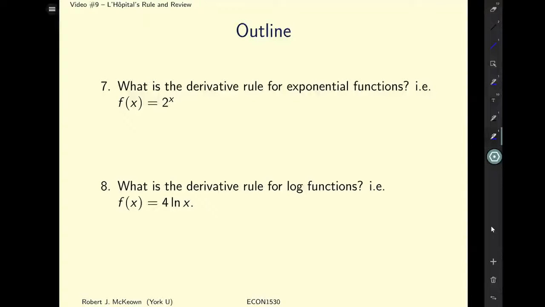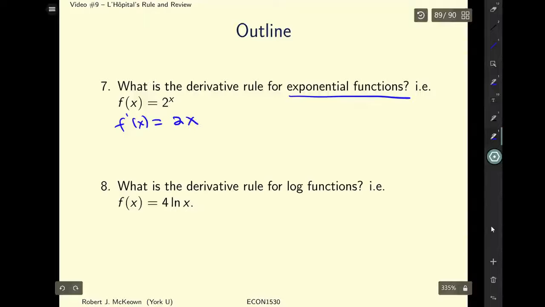What is the derivative rule for exponential functions that are not the natural exponential? Well, it's going to be kind of similar. It's going to be itself multiplied by the log of the base.